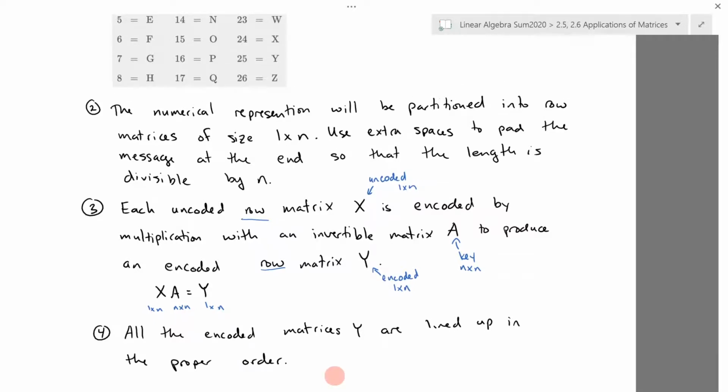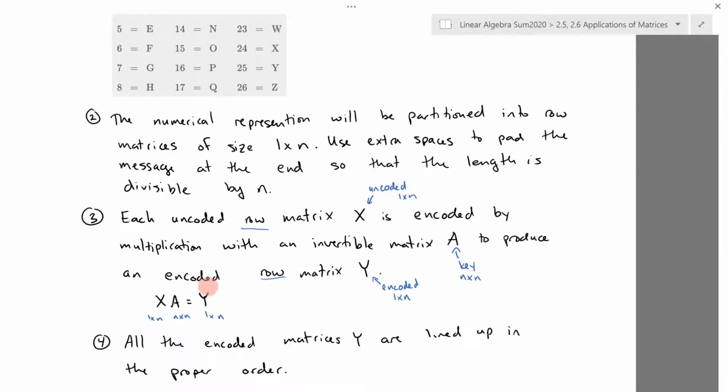Then you just do that individually to each of the partitions, and you get a list of encoded matrices Y, and you line them up in the proper order.